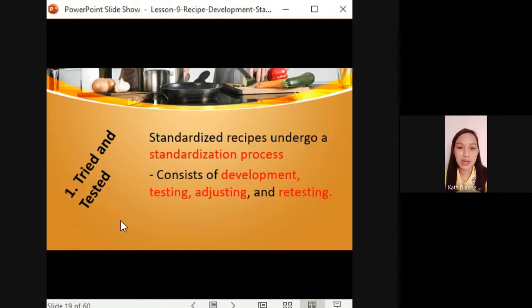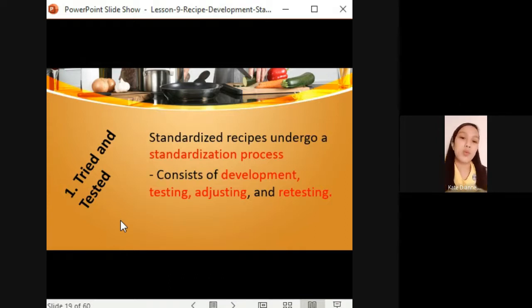So a standardized recipe is officially tried and tested since it went through a lot to develop that standardized recipe.